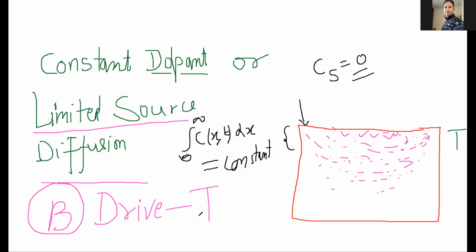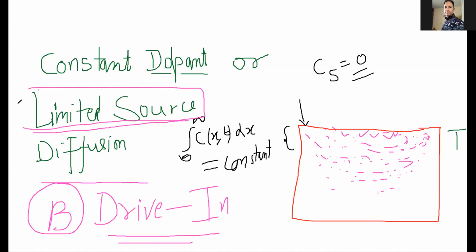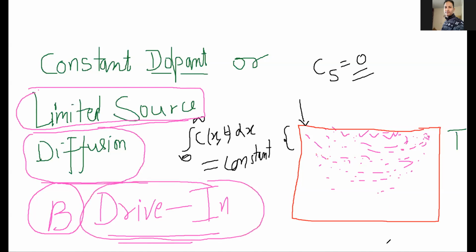So basically, to summarize, this constant dopant or limited source diffusion case is applicable to the drive-in step of doping. I will finish this lecture at this point, and we will discuss limited source diffusion or this drive-in step further in the next lecture.